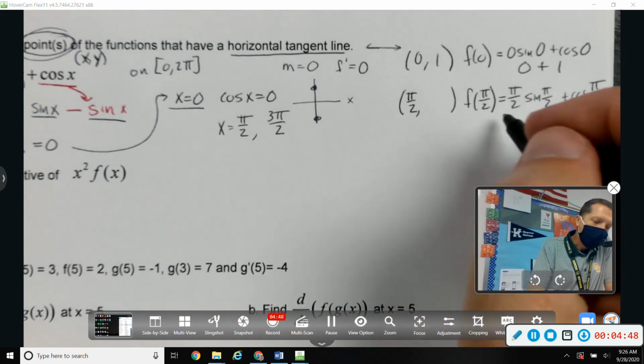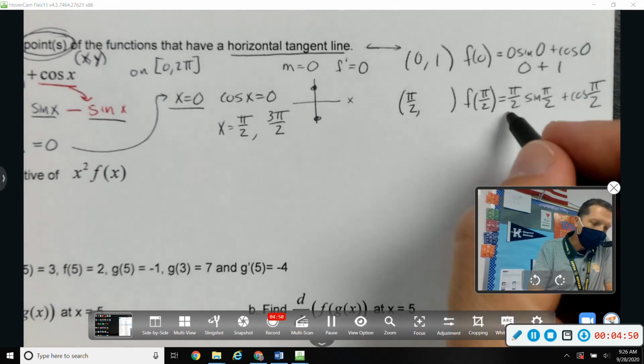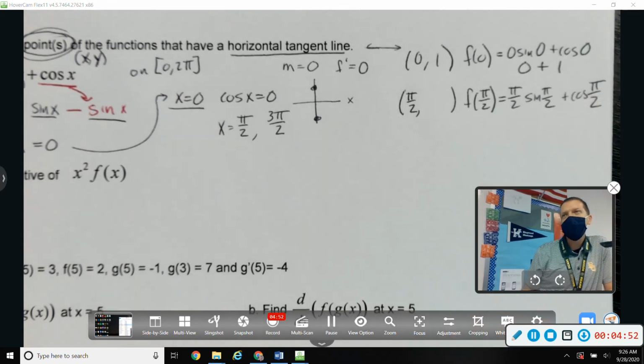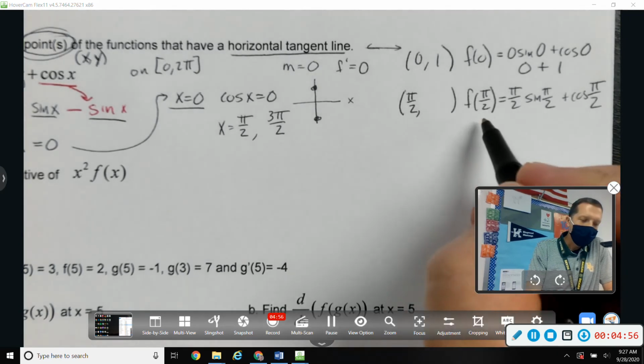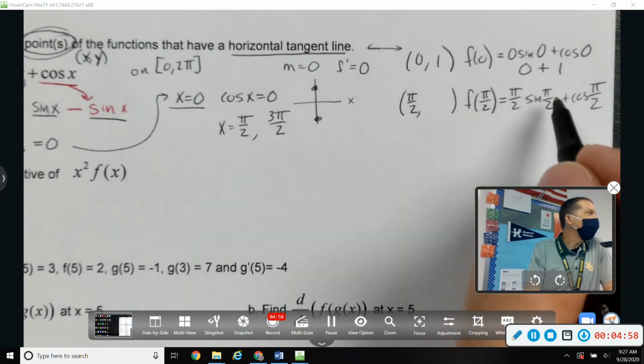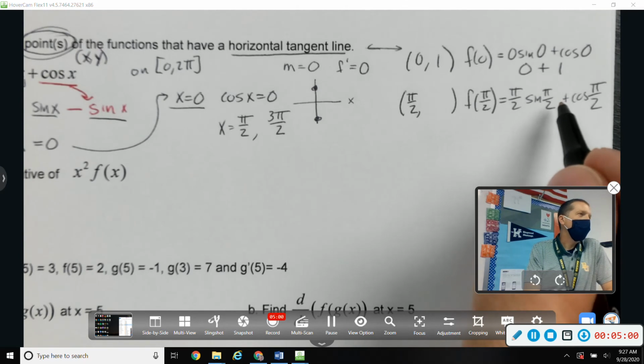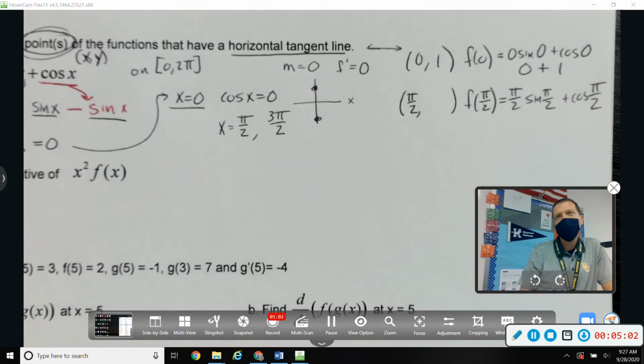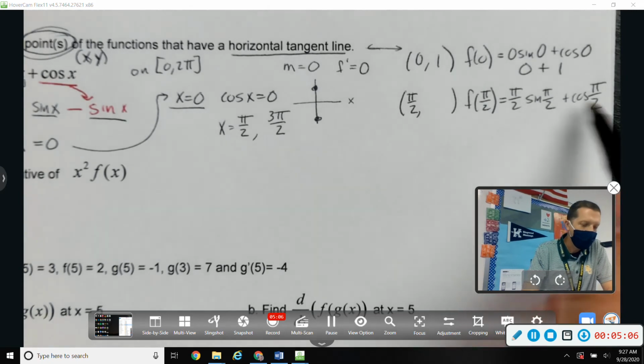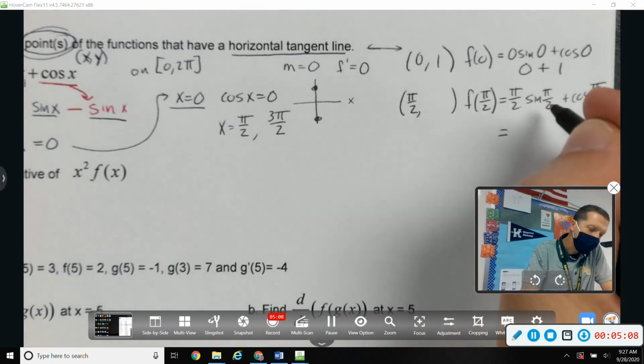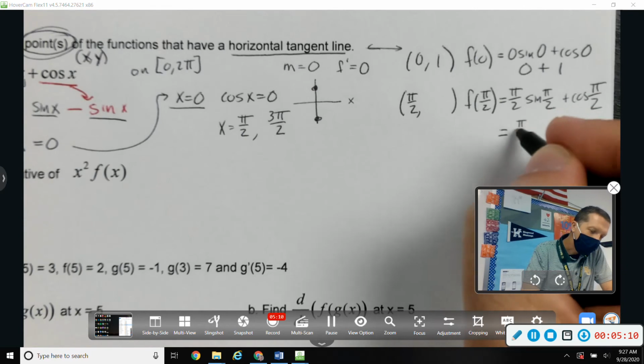By the way, on a free response question, you could list all of that as your y coordinate and be fine because it's calculator ready, it's not calculus, and so you can kind of cheat your way around knowing your unit circle on the free response stuff. You can just leave your answer in terms of sines and cosines, and that's fine. Obviously, on a multiple choice test, it's not going to have that. It's going to expect you to figure this out.